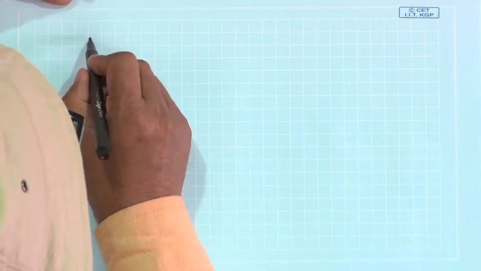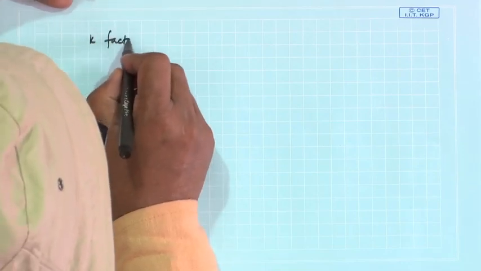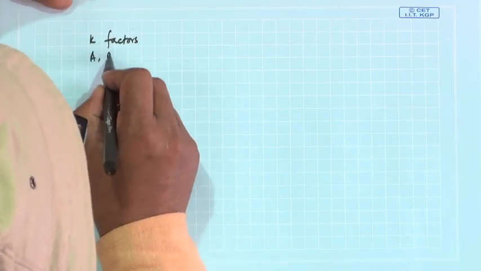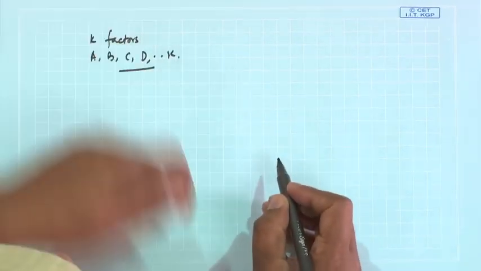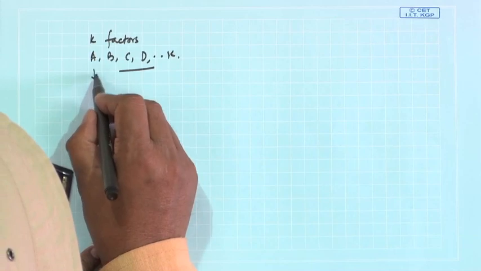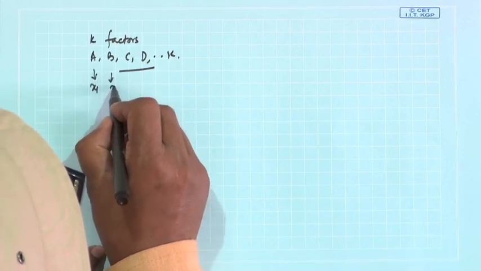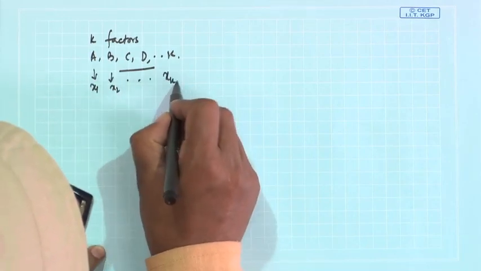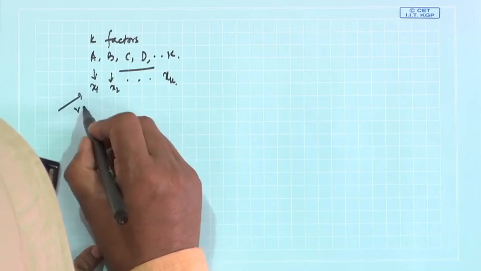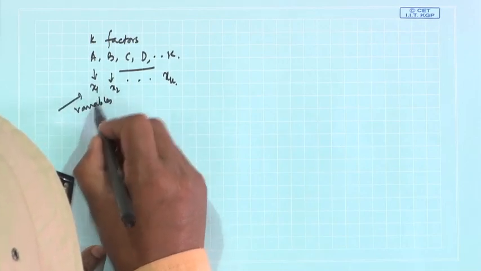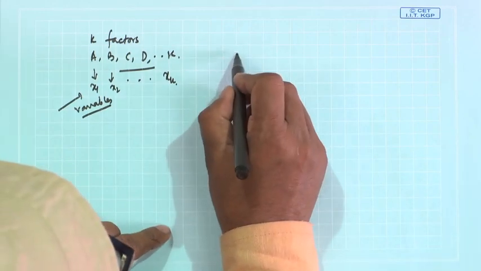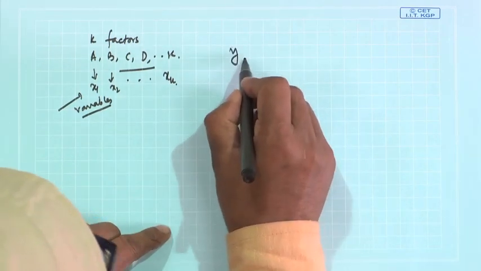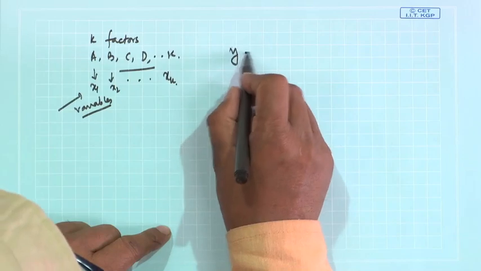Suppose you have k factors, a, b, c, d, up to k factors. Correspondingly we have x 1, x 2, up to x k variables. You can fit a main effects model, let it be only the main effects.